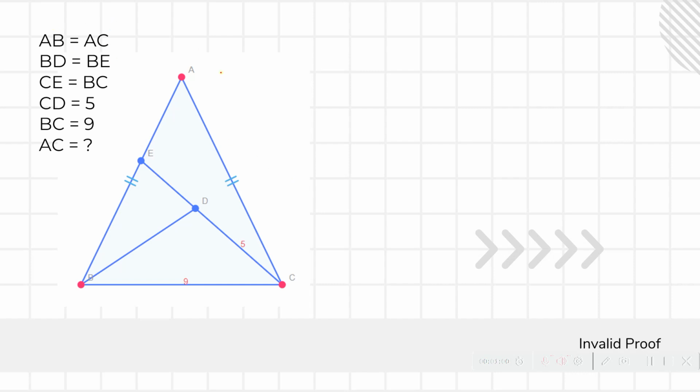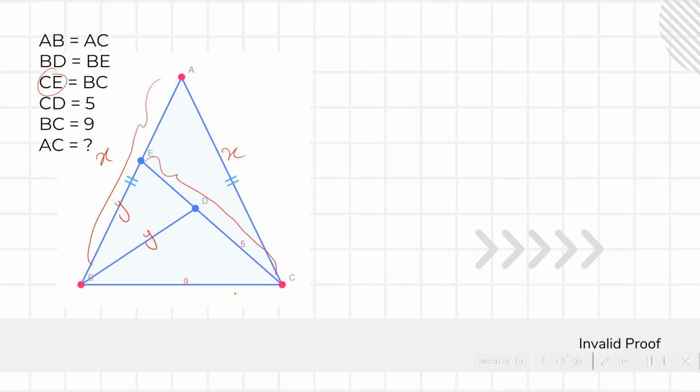AB is equal to AC, which is X. BD equals BE. This is BD, I call it Y, and this is BE, I call it Y as well. They're the same. And this is CE and this is BC.